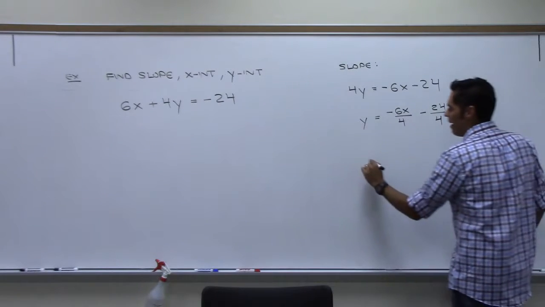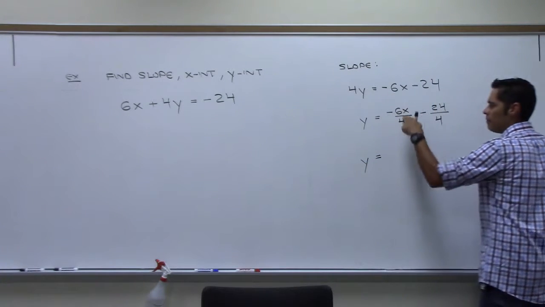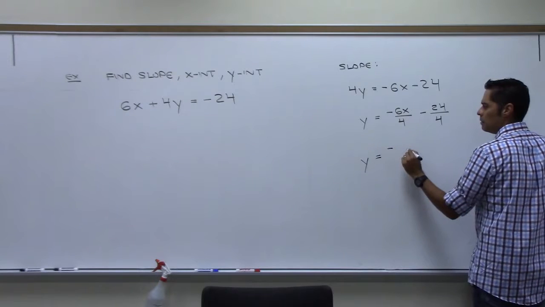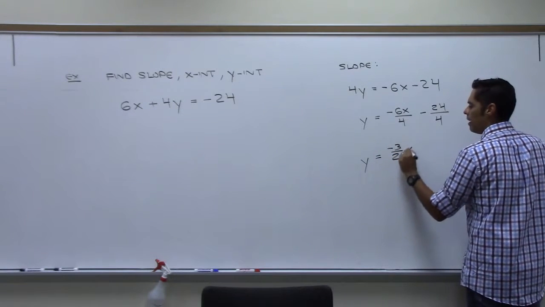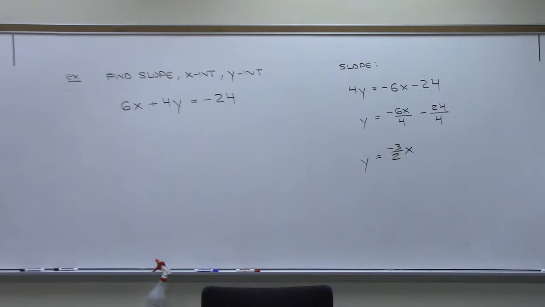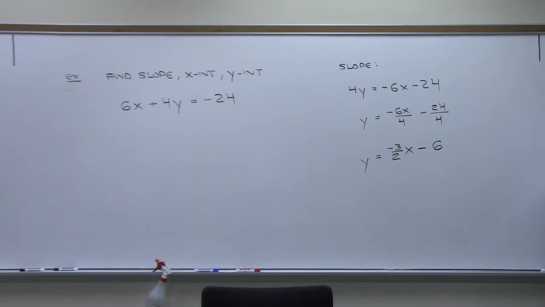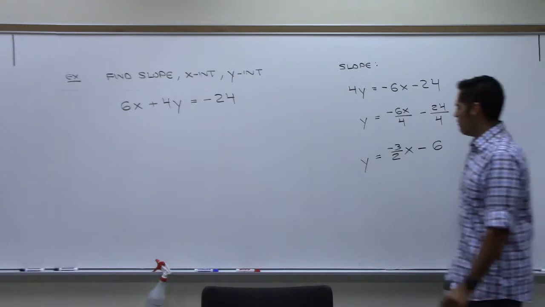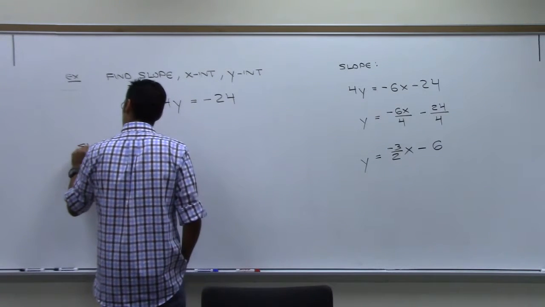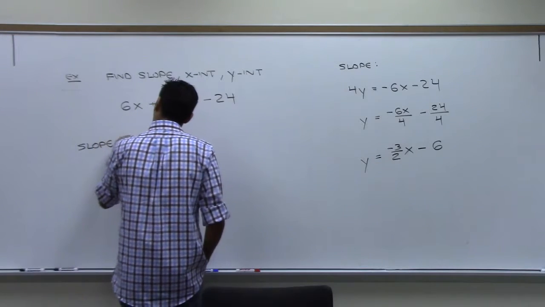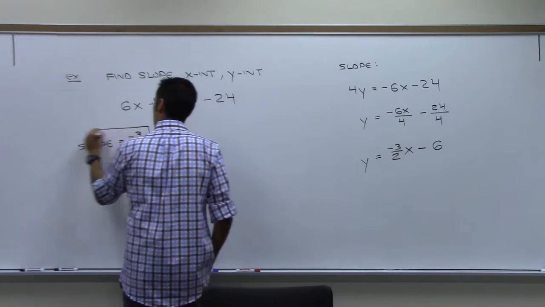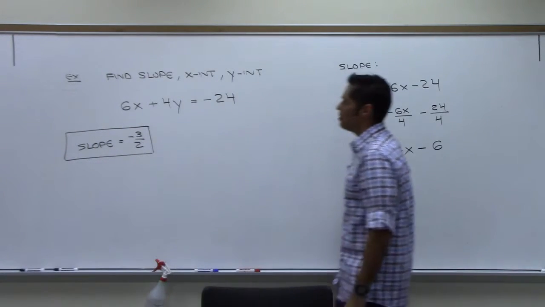So what number should I have here in front of x? Negative 3 over 2, x. So I reduce the fraction. And then over here, minus 6. And that's enough for you to be able to tell me what the slope is, right? So the slope, if I'm answering that question, negative 3/2.